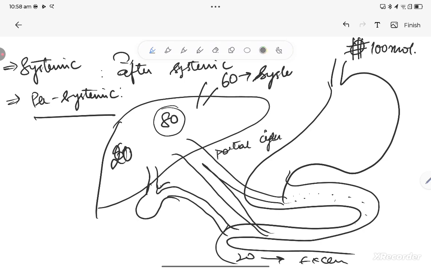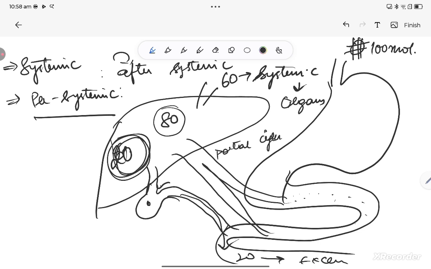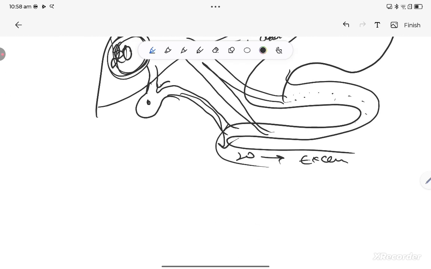From this systemic circulation, it reaches all our organs and action will be shown. But whatever 20 is left reaches gallbladder and is excreted out. So, this metabolism of 20 molecules occurs before reaching systemic circulation. So, this is called pre-systemic metabolism.